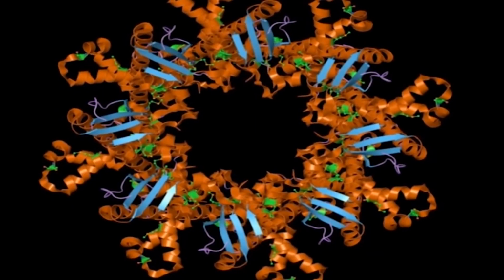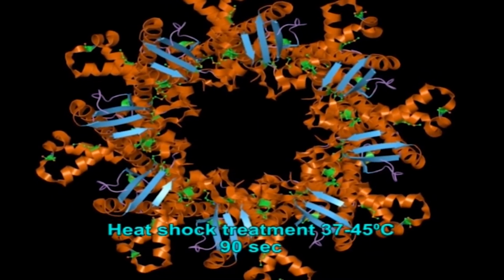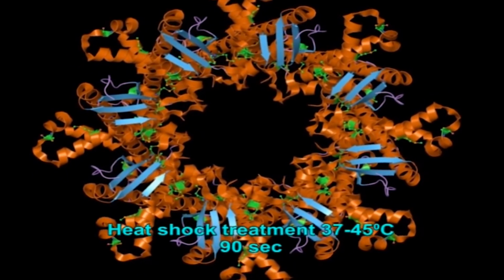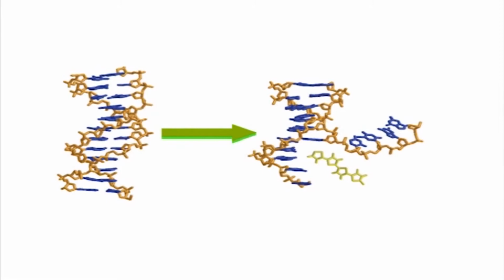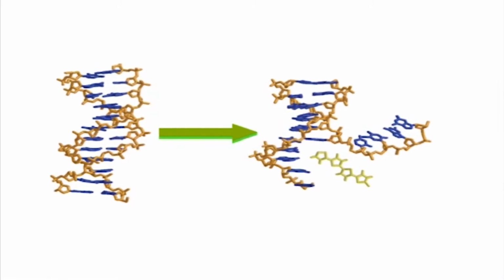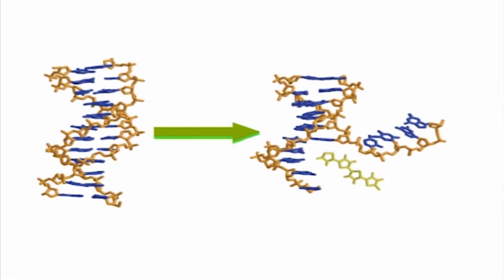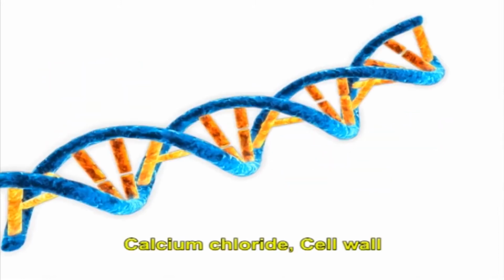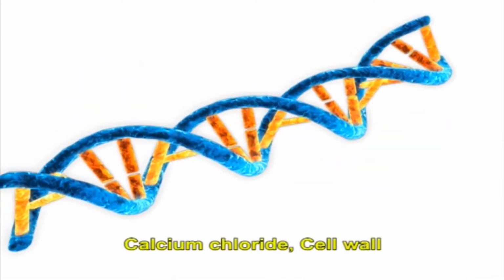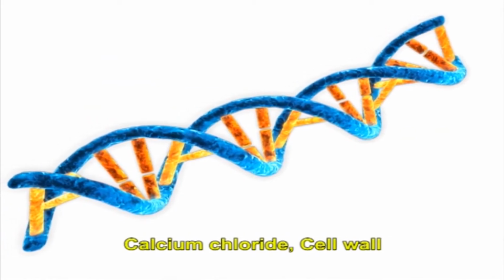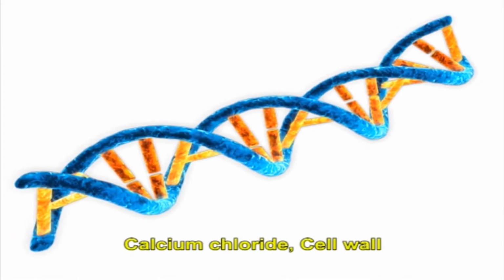It is followed by heat shock treatment at 37 to 45 degrees Celsius for about 90 seconds. The transformation efficiency denotes the number of transformants per microgram of added DNA. The calcium chloride breaks the cell wall at particular regions and binds the DNA to the cell surface.